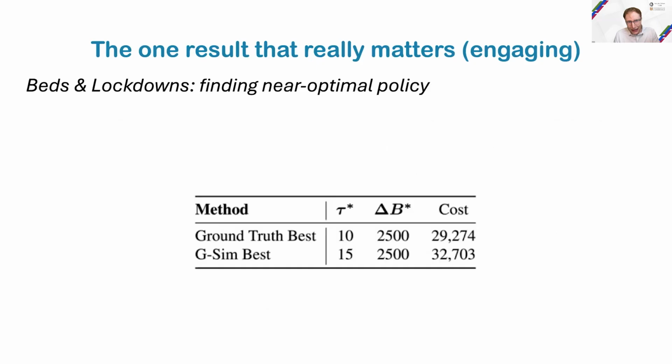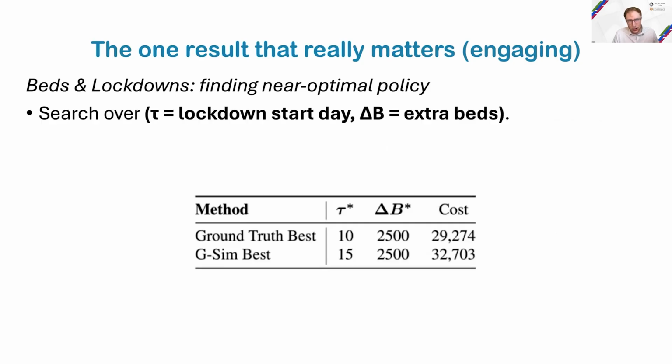If we look at a hospital bed allocation scheduling problem, particularly within the context of COVID-19 and lockdowns, we can optimize certain policies. We can test many different policies by running the simulator through and seeing what it would be like.